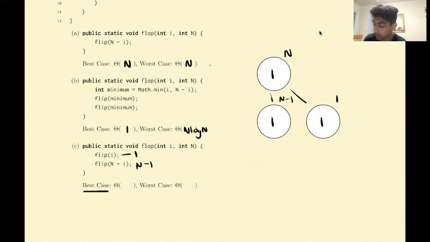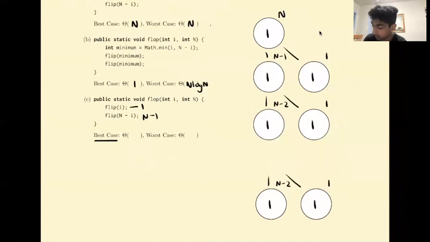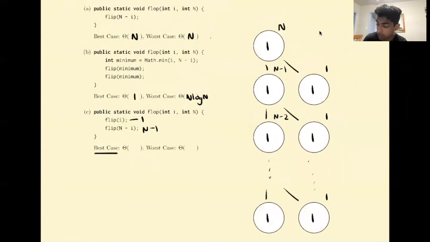So let's keep exploring this possibility of every time we call flip, always having stop equal to 1, which produces this corresponding tree, okay? And we will notice that this tree continues, where at the bottom we have 1, 1, right?